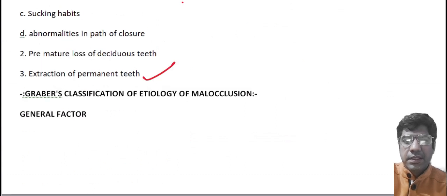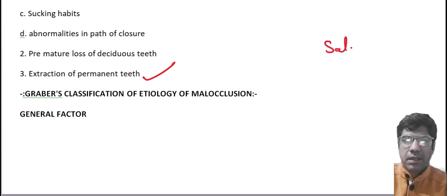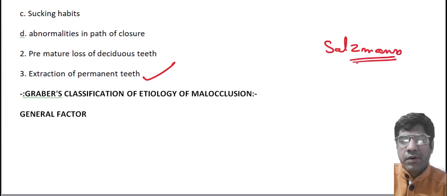Other classification can be Salzman classification. He classified the factors according to the malocclusion into functional and environmental factors.